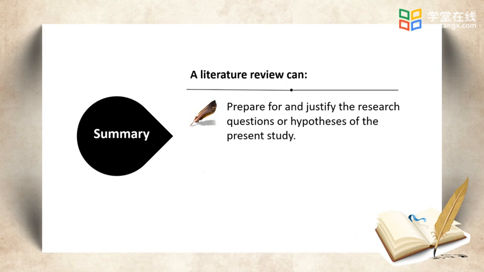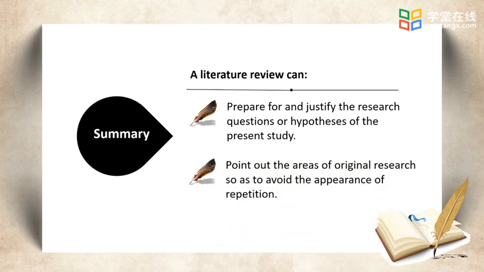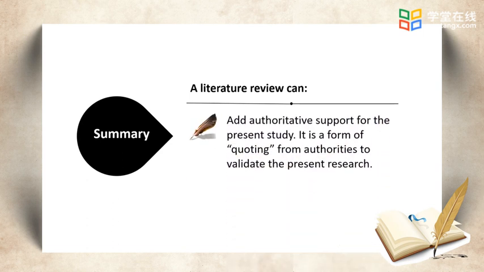Prepare for and justify the research questions or hypothesis of the present study. 4. Point out the areas of original research so as to avoid the appearance of repetition. 5. Add authoritative support for the present study. It is a form of quoting from authorities to validate the present research.